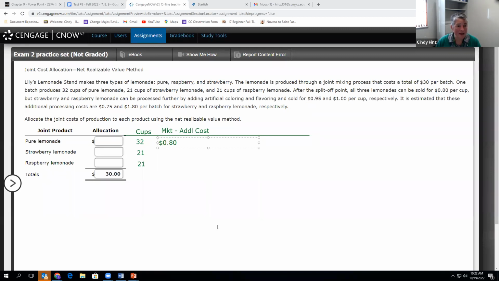Pure lemonade is 80 cents. There is no additional cost because that is the product at the split off point. For strawberry lemonade, it's 95 cents, but the additional cost per batch is 75 cents. Oh, per batch.